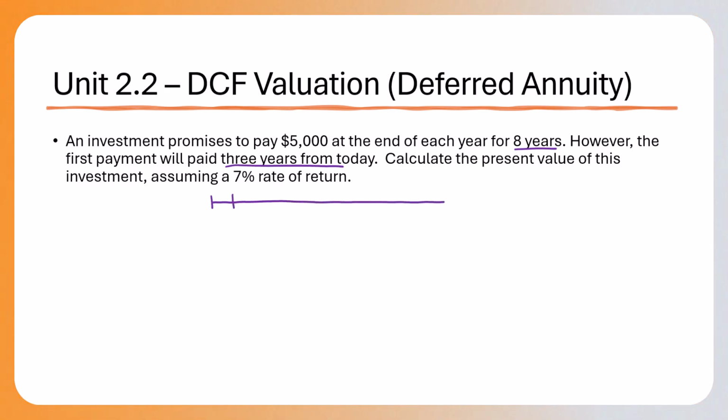This time I will draw the timeline. Notice that the first payment will be paid 3 years from today, so that will be at the end of year 3. We will receive the $5,000, and it will go all the way out to time 10.